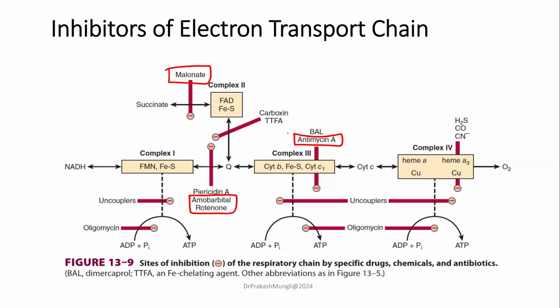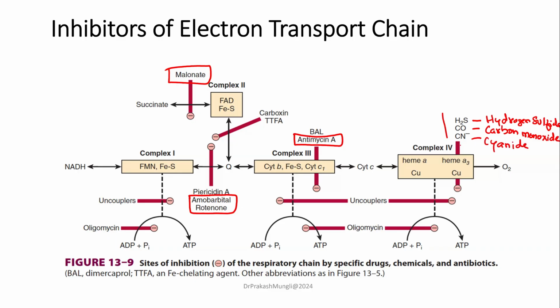Complex 4 inhibitors, there are three of them. I'm going to write all three and they are all important. Hydrogen sulfide, H2S is hydrogen sulfide. CO is carbon monoxide. And CN is cyanide.